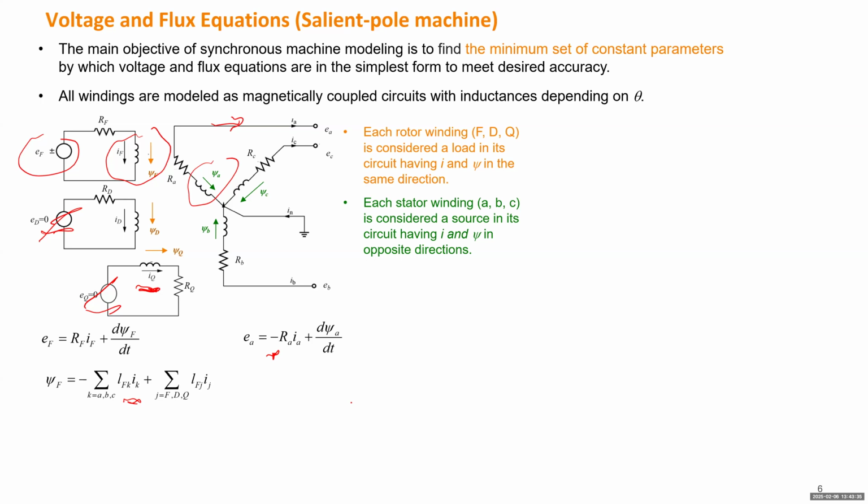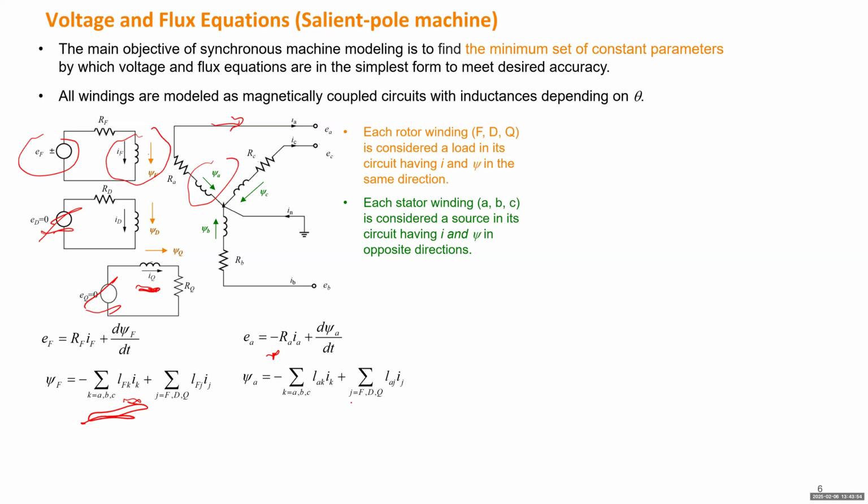But because we have stator winding and rotor winding in the opposite direction, for the first group, the stator winding, they will have a negative sign because stator current is opposite to the flux linkage. Is this clear? Okay.